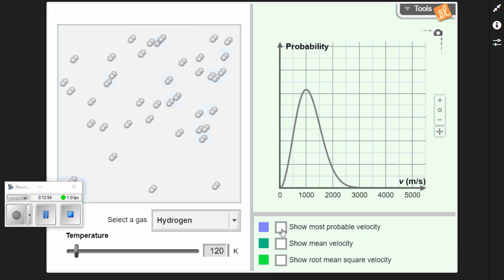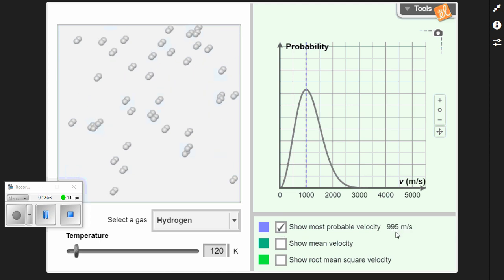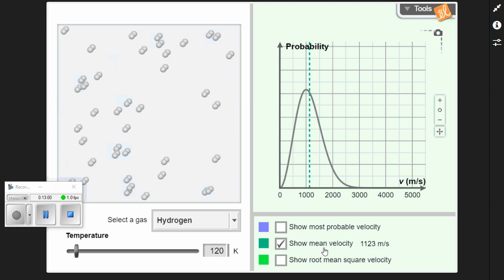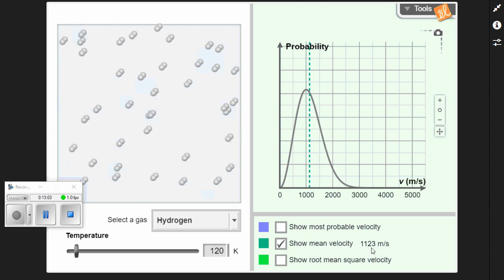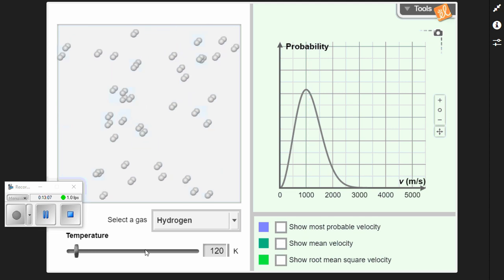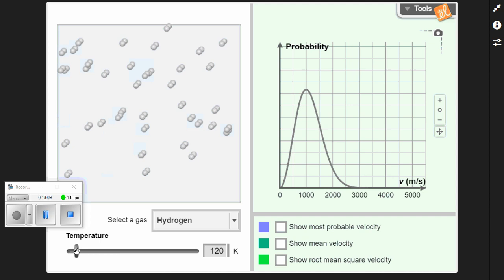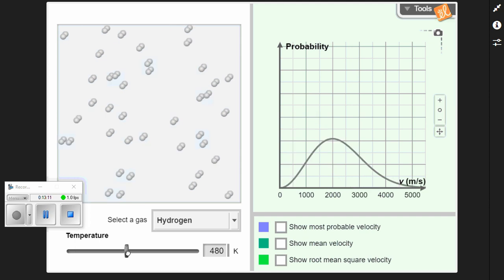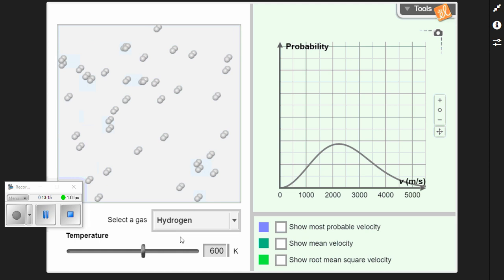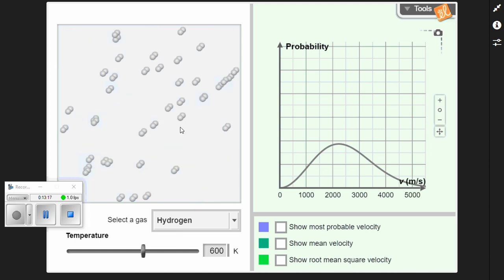So here's the most probable velocity now, 995 meters per second. Here's the mean velocity, averaging just over 1,000. All right, so I'm showing you this once again to get you interested in studying why the particles change in their motion as the temperature changes.